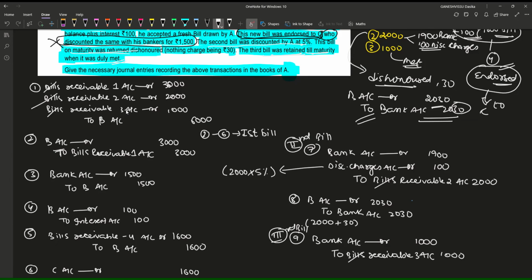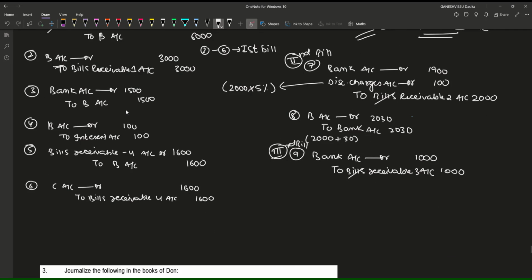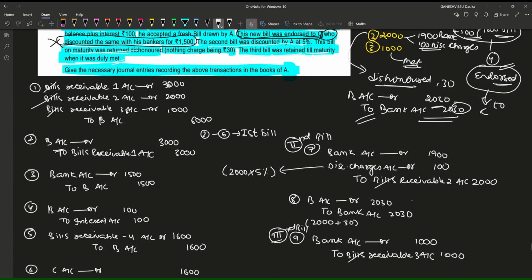Third entry: being amount received. Fourth entry: being interest due. Fifth entry narration: being a fresh bill drawn together with interest. Sixth entry: being the new bill endorsed to C. Seventh entry: being bill discounted with bank with discounting charges.